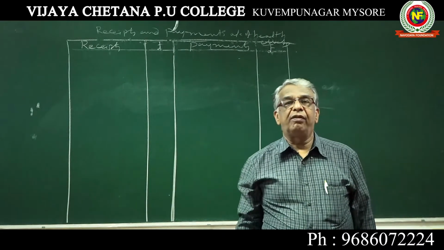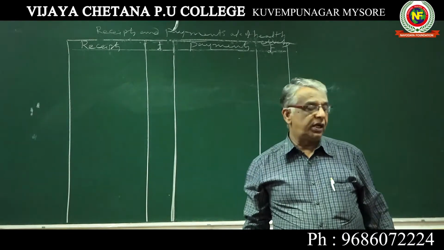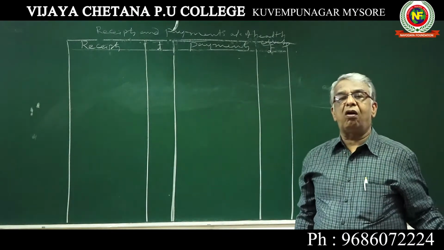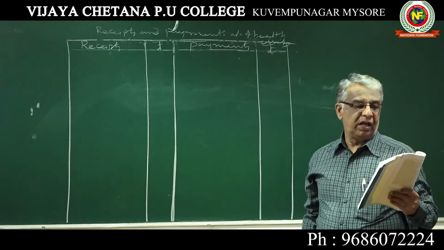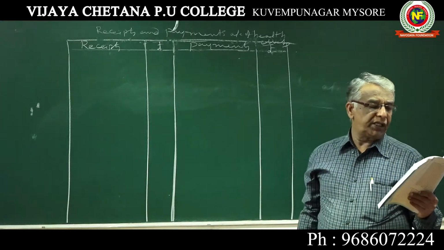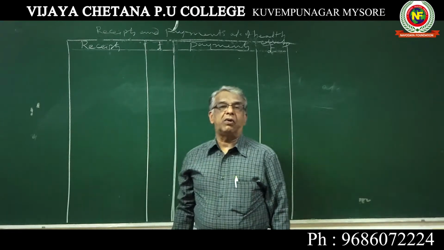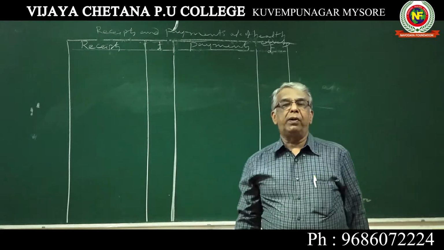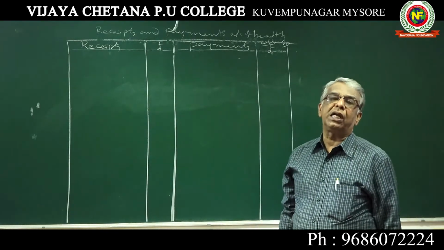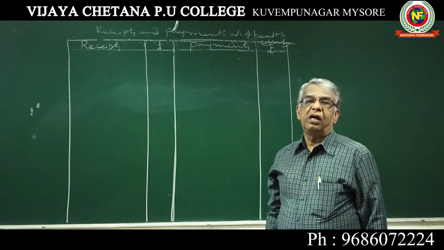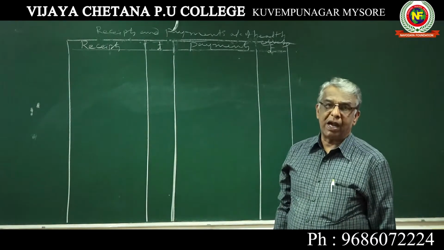Page number 51, he has given the cash book of Health Club. See here, the opening balance. As I already explained, the receipts and payments account contains the opening cash and bank balance.